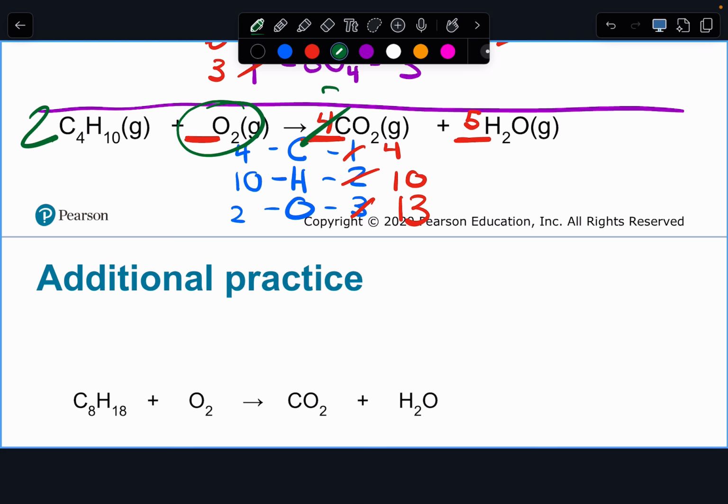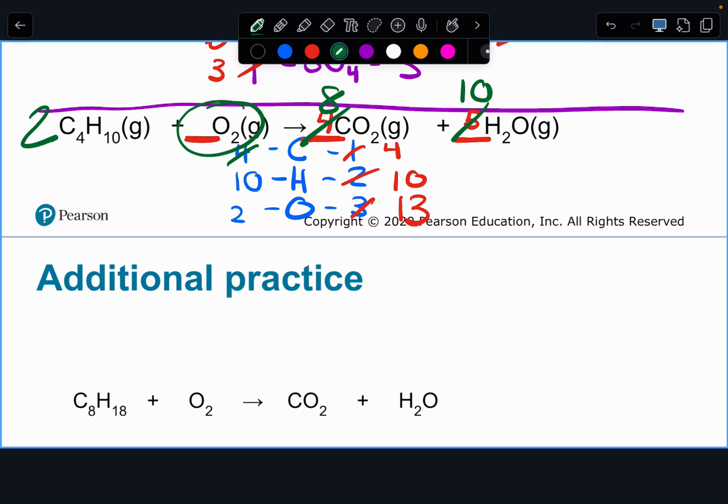2 C4H10, 8 CO2, and 10 H2O. Now, as long as I multiplied everything by 2, it should keep all the other ones matching. Like the carbons and hydrogens should match now. But let's just double check that they do. So how many carbons do I have on the reactant side?